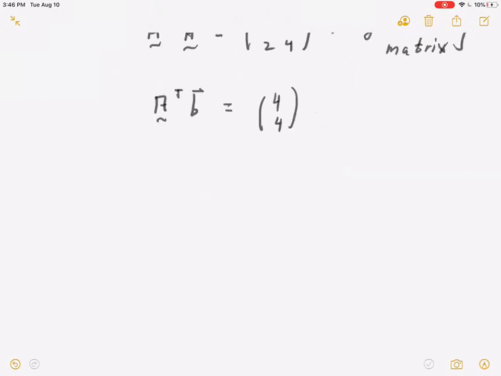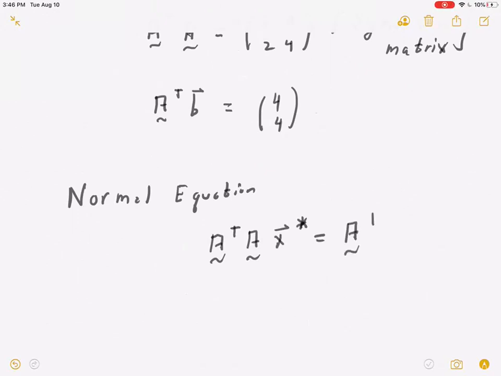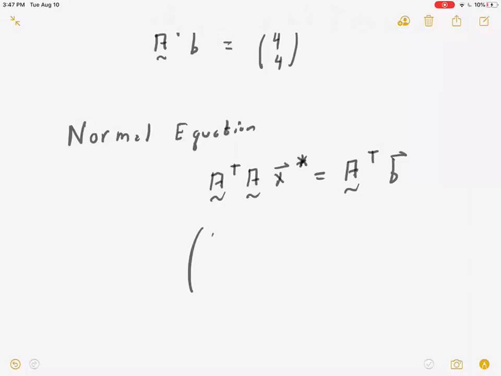So what is my normal equation? My normal equation is that the transpose of A times the least squares solution equals the transpose of A times the vector B. Taking all these results, I can write down a matrix equation where m asterisk and b asterisk are the least squares solutions to my problem.